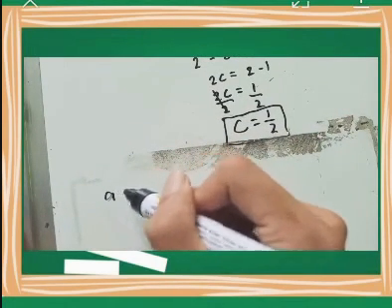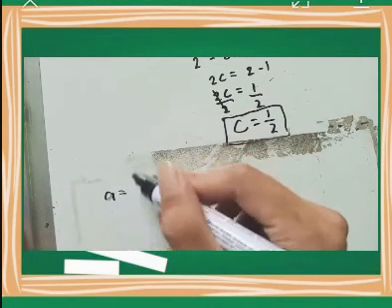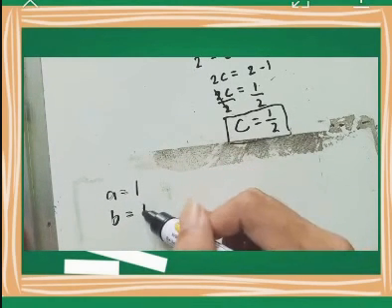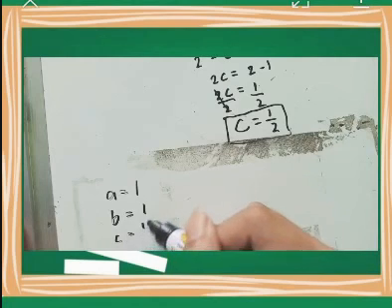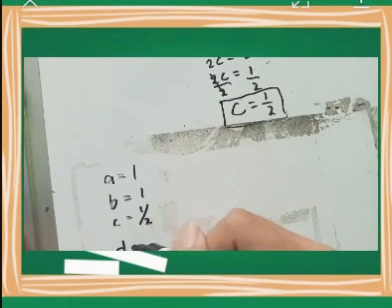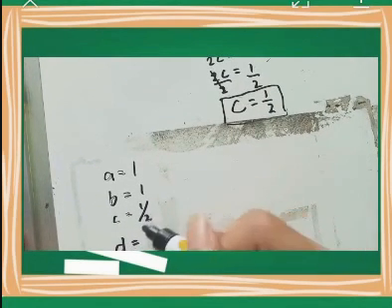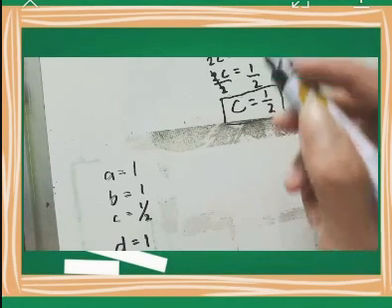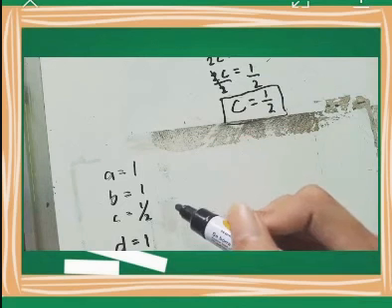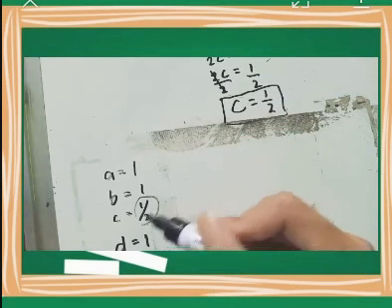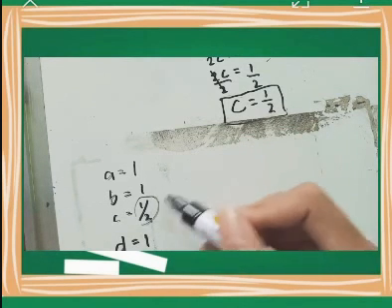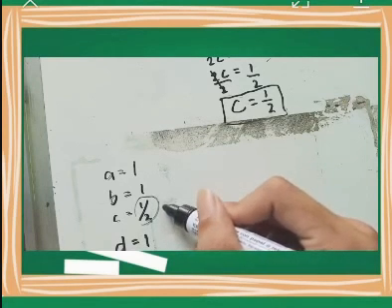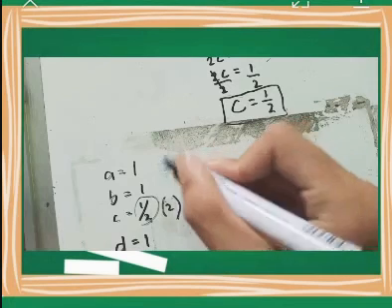So, A is equal to 1, B is equal to 1, C is equal to 1 half, and D is equal to 1. So in an equation, we cannot use a fraction. So we must convert it into a whole number. So we multiply this by 2.